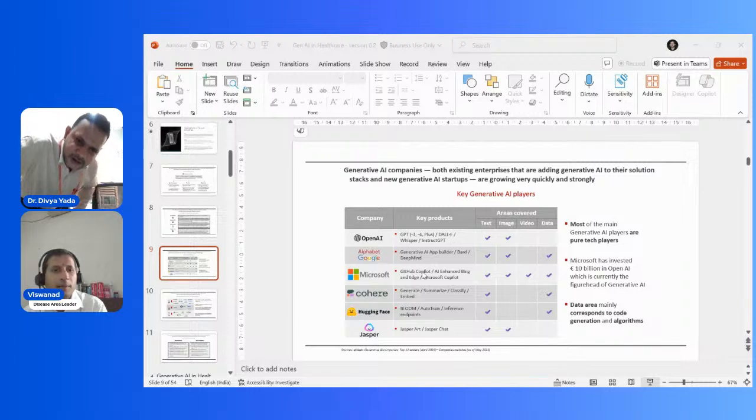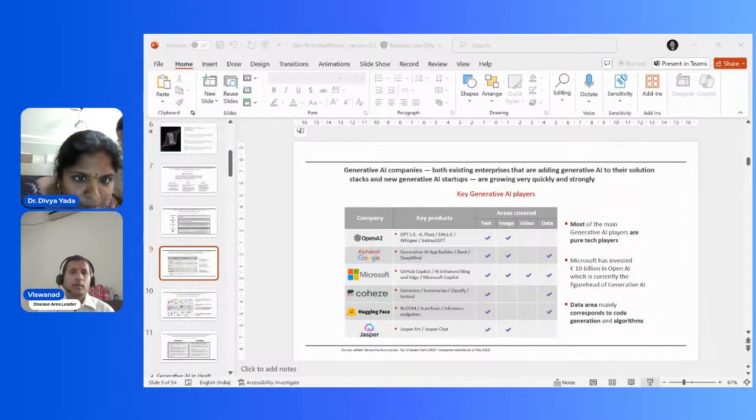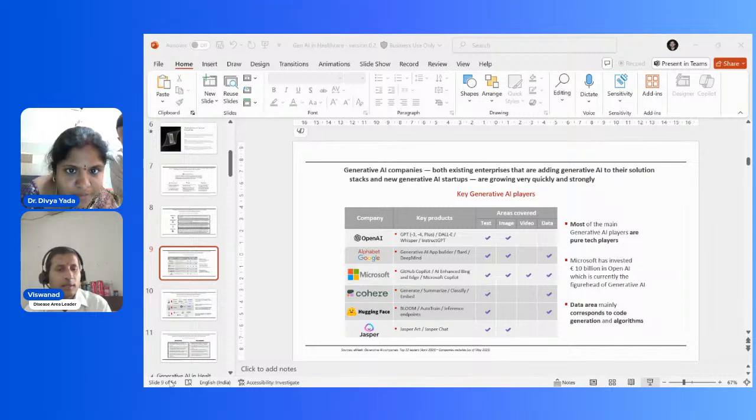Can you read the table? Microsoft, Cohere, some company names with the key products and the areas covered. Did it change now? No, sir. It was focused on the previous slide only, with the red box.